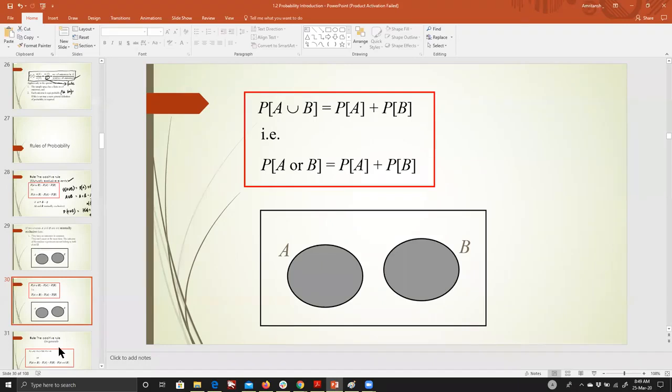So if there is no intersection, wouldn't just adding them solve the problem? Look, earlier, why did you have to put that negative sign over there? Because of the common element, but there is no common element here. So if you just add A and B, you would get the union.